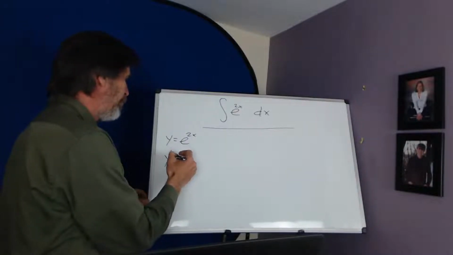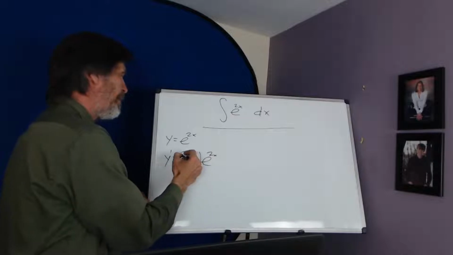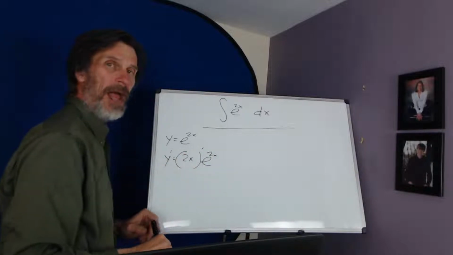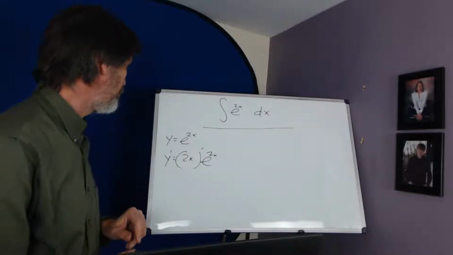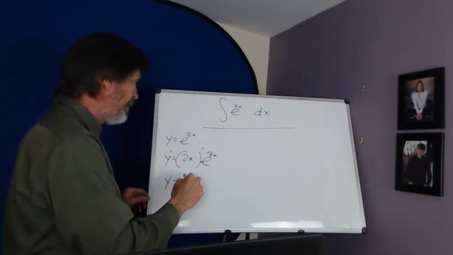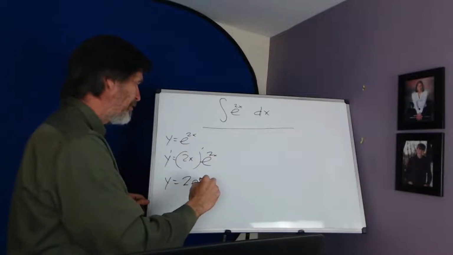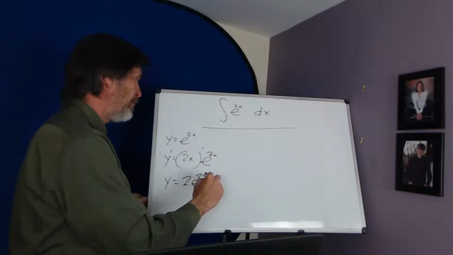By the chain rule, we would keep that e to the 2x and then multiply it by the derivative of the power. That's one of the chain rules that we're really going to review right now. Well, the derivative of this linear function, this 2x, is just 2. So this is 2e to the 2x for the derivative.